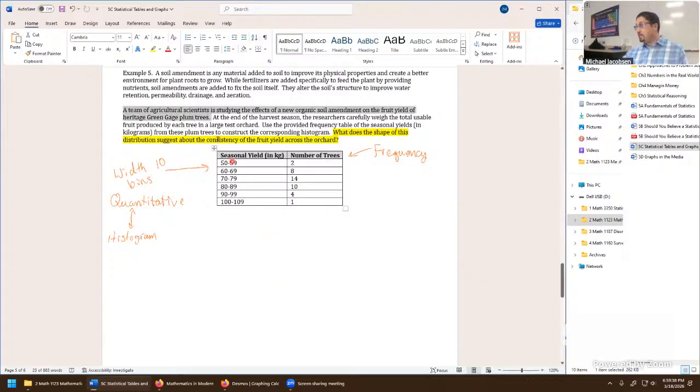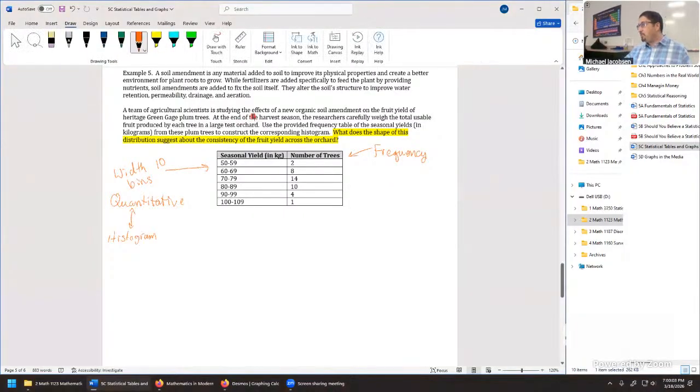That's a great plum. At the end of the harvest season, the researchers carefully weigh the total usable fruit produced by each tree in a large test orchard. Use a provided frequency table of the seasonal yields in kilograms from these plum trees to construct a corresponding histogram. So that's the setup of the problem so far.